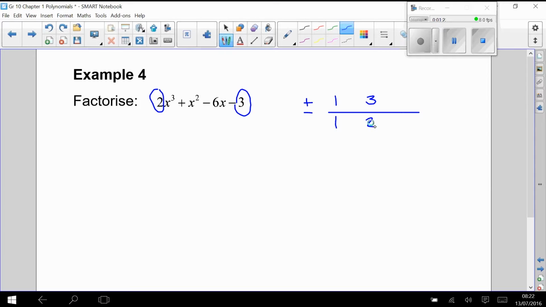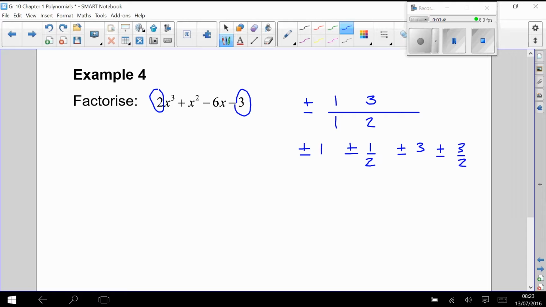So let's check what these numbers actually could be. I could try substituting 1 over 1, which is plus or minus 1. I could try substituting 1 all over 2, which is plus or minus 1 all over 2. I could also try substituting plus or minus 3 over 1, and plus or minus 3 all over 2.